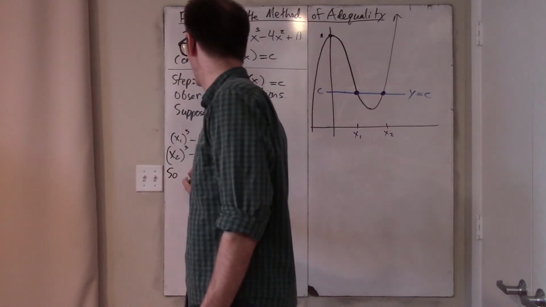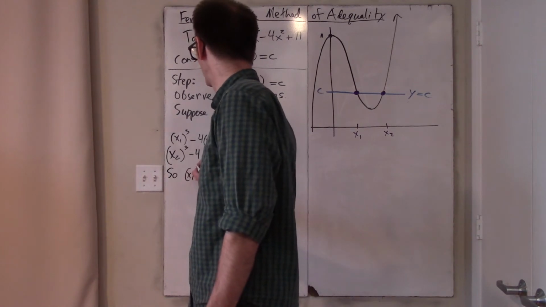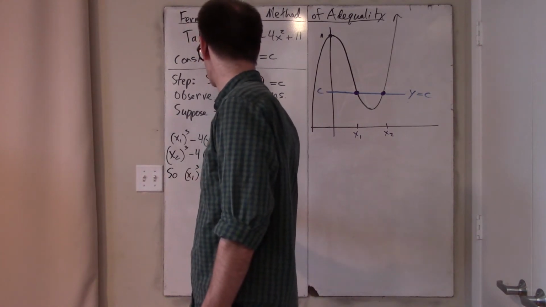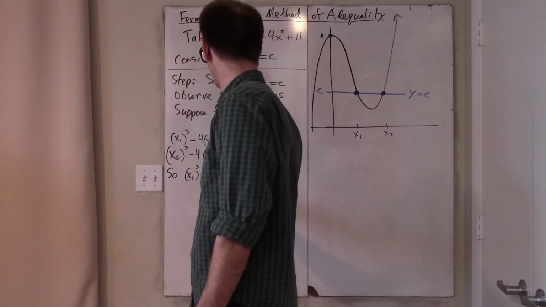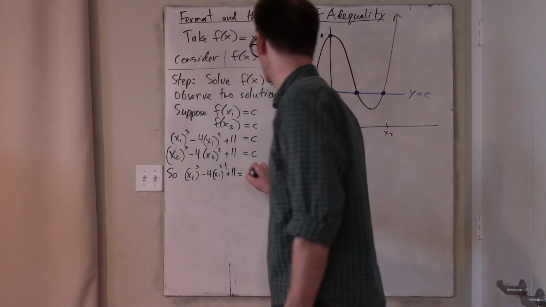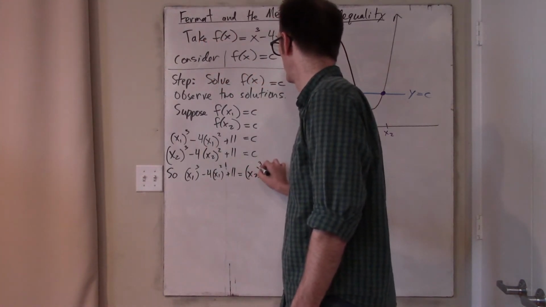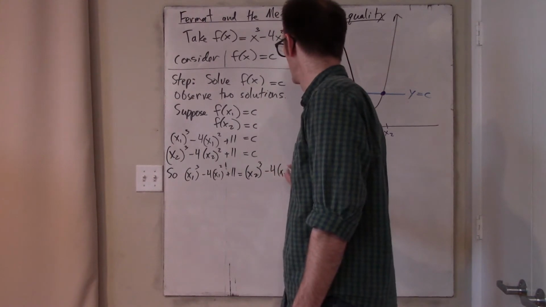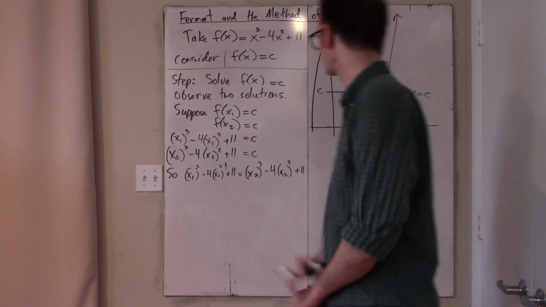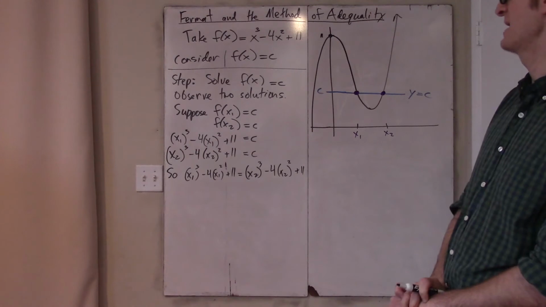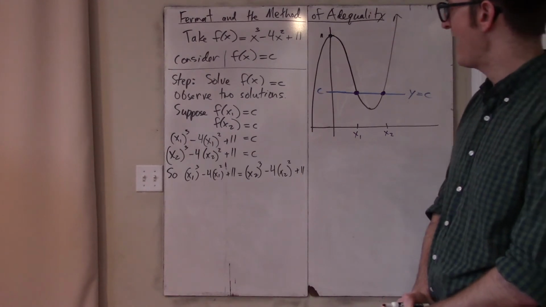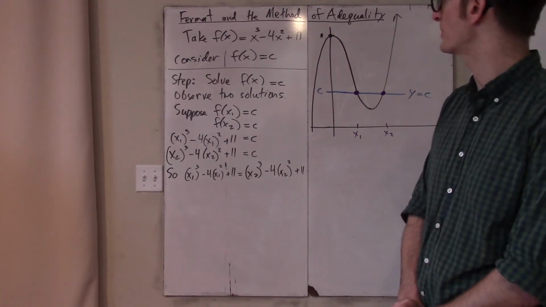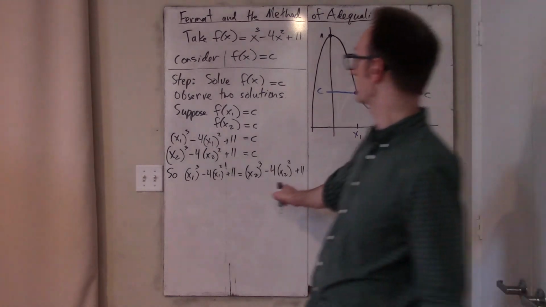So x1 cubed minus 4x1 squared plus 11 equals x2 cubed minus 4x2 squared plus 11. Well, of course, I can cancel the 11s, and I can also get the cubic terms over to one side and the quadratic terms over to the other side.